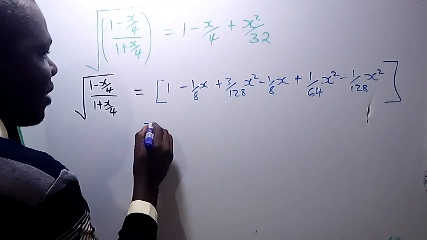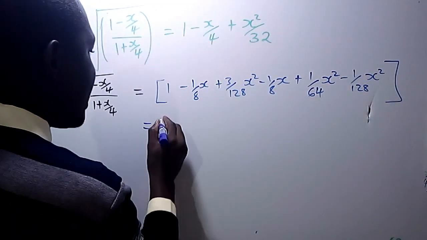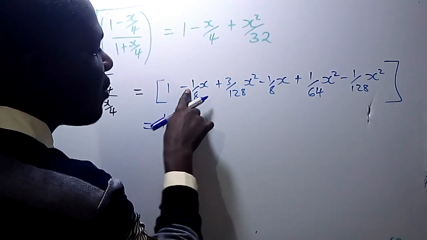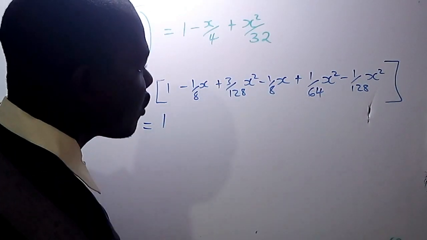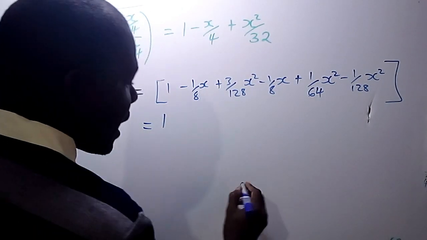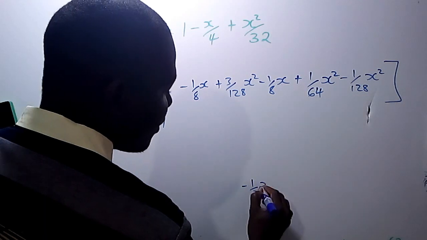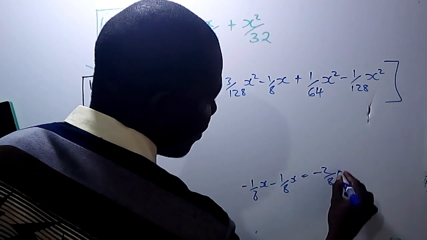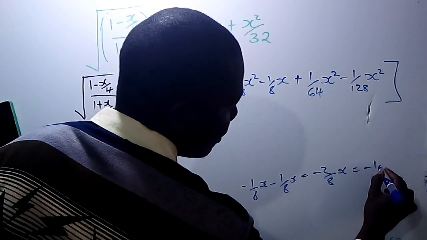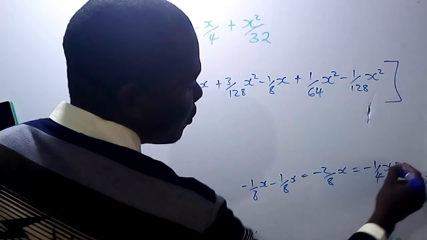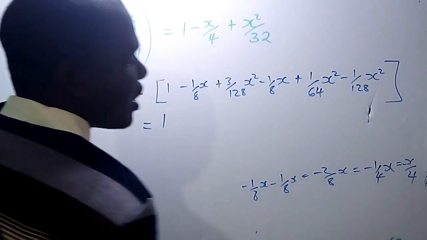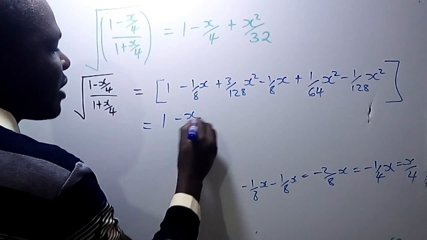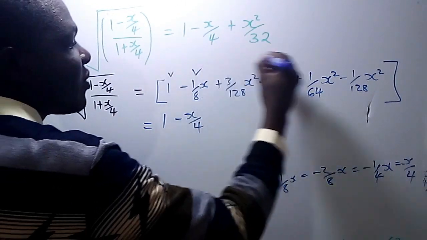Here we have 1 minus 1 over 8x and minus 1 over 8x. That is minus 2 over 8x, that is minus 1 over 4x, which is just negative x over 4. So here we have minus x over 4. We are done with this, this, and that.